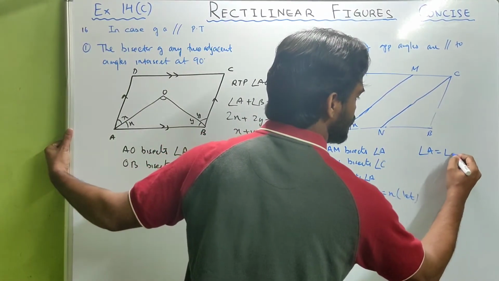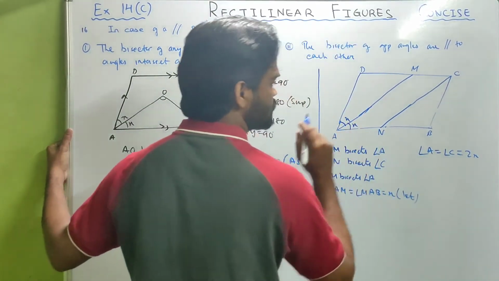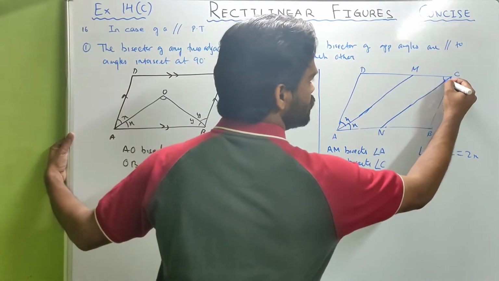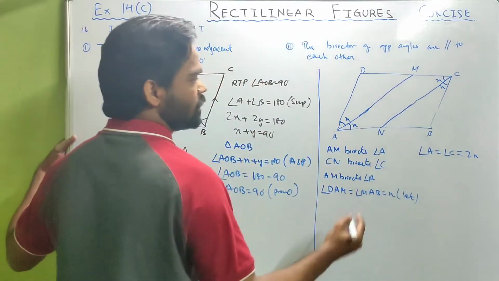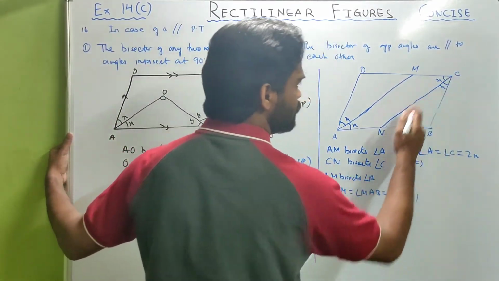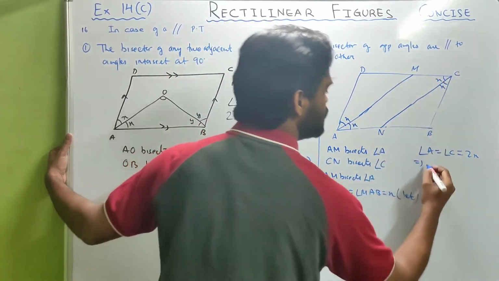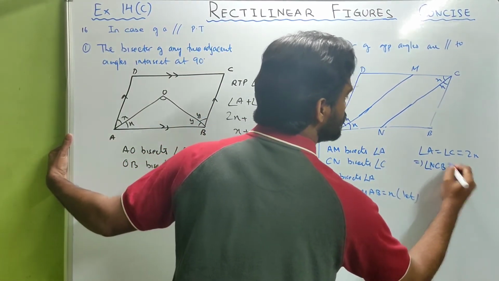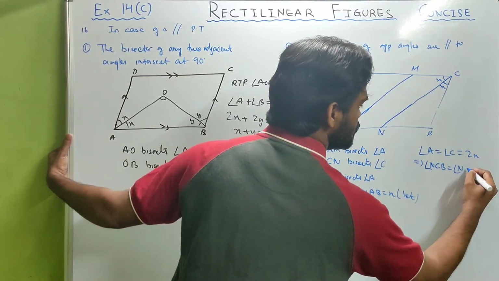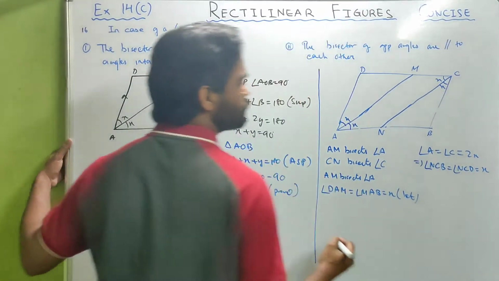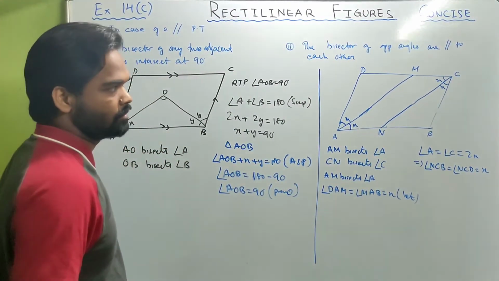So angle A equals angle C, which is equal to 2X. So that will also be X and X, isn't it? Because CN bisects angle C. So we can say angle NCB is equal to NCD is equal to X. Am I clear or not?